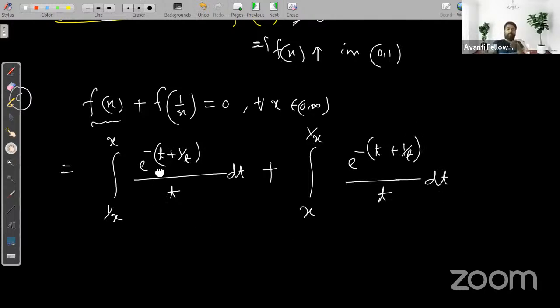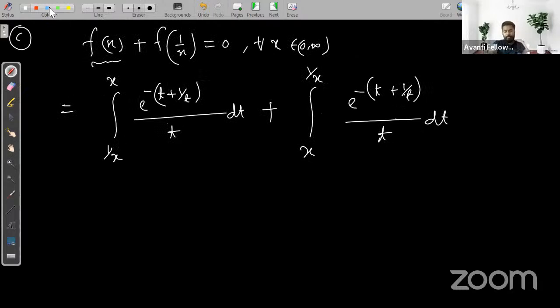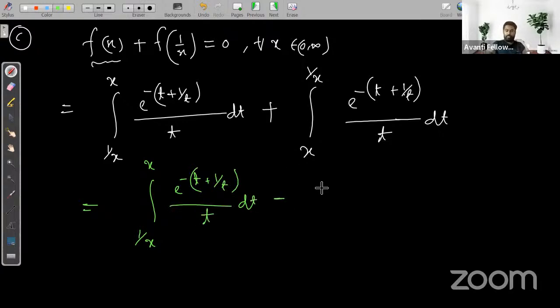Now see, from the properties of definite integration, we know if we interchange the limits, then we have to multiply the integral by minus 1. The integrand remains the same, e to the power minus of (t plus 1 by t) divided by t dt. Here we are interchanging the limits, that's why I am multiplying by minus 1.